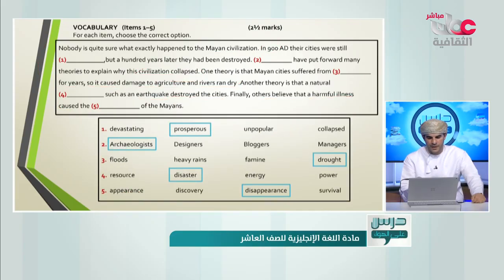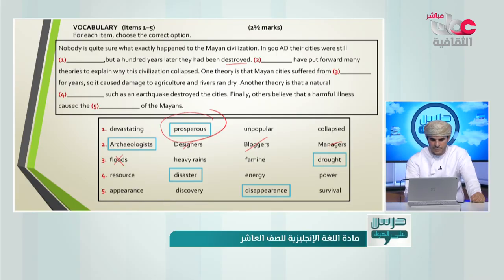We have to run now. But 100 years later had been destroyed. That means before what? Prosperous. So, number 2, archaeologists. Of course, archaeologists, because they are in charge of the history and discovery and other things. Not designers, not bloggers, not managers. 3, drought.